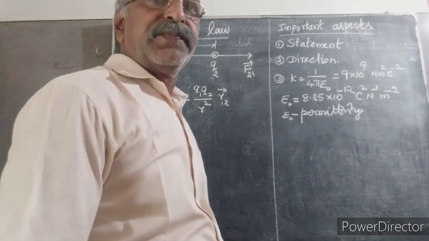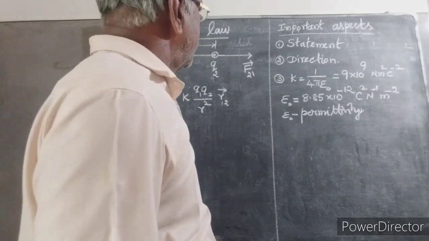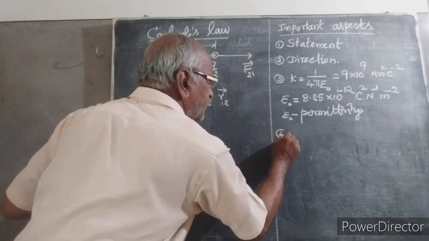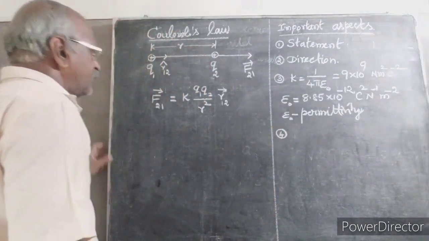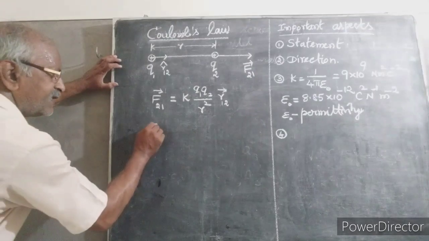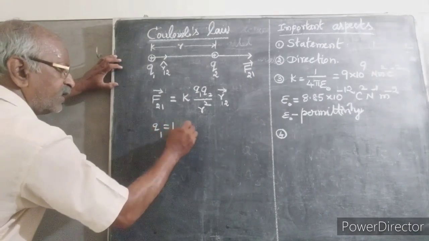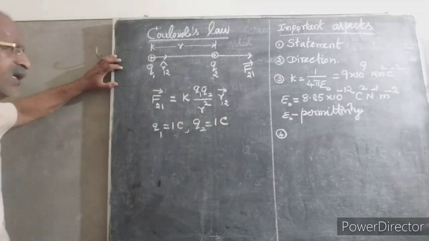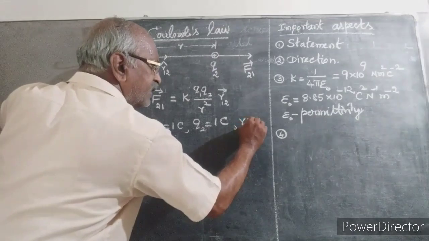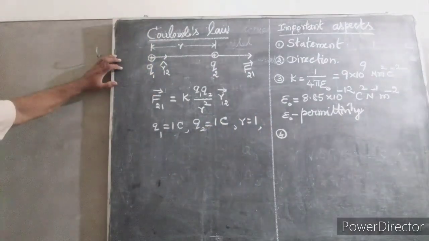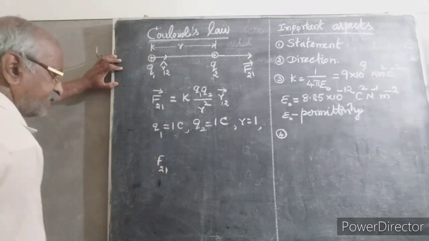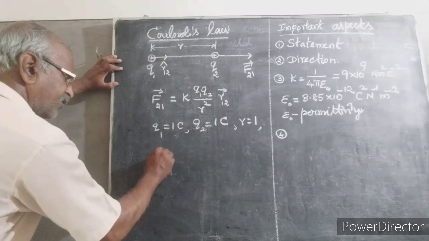And the fourth one, the force between 2 point charges each of 1 coulomb. If Q1 equal to 1 coulomb and Q2 equal to also 1 coulomb, and if they are separated by a distance of 1 meter in free space, then I can write this equation as F21, the magnitude alone, without vector.